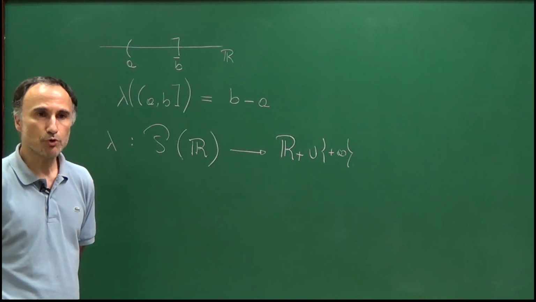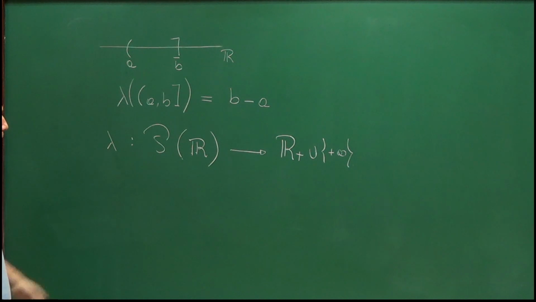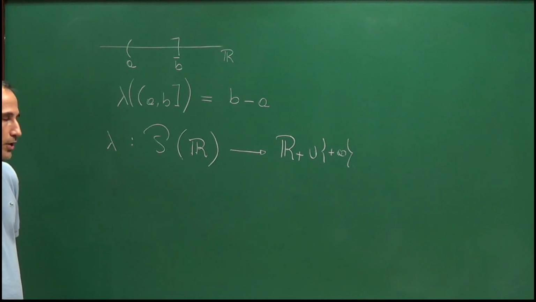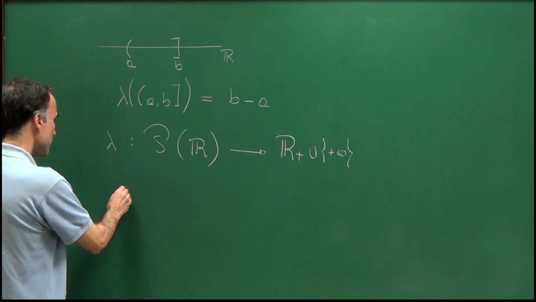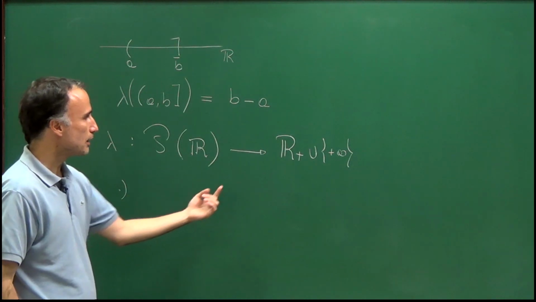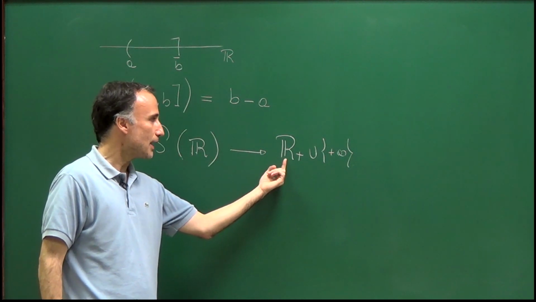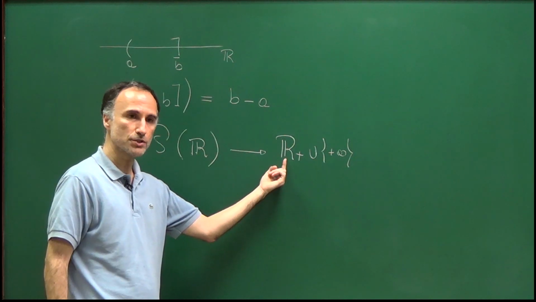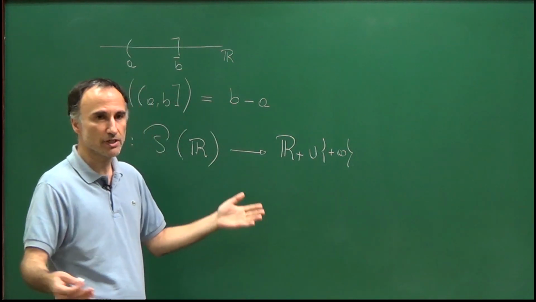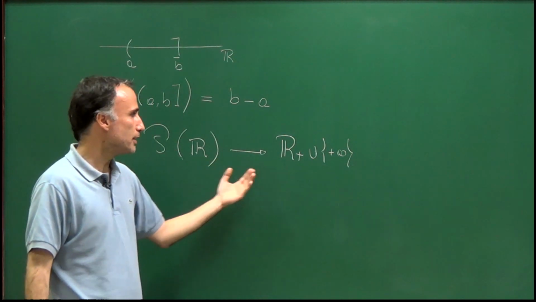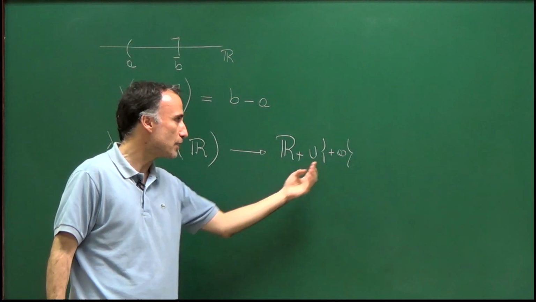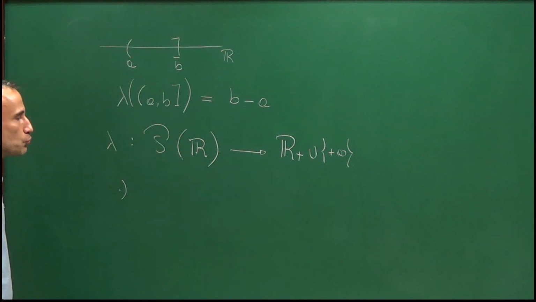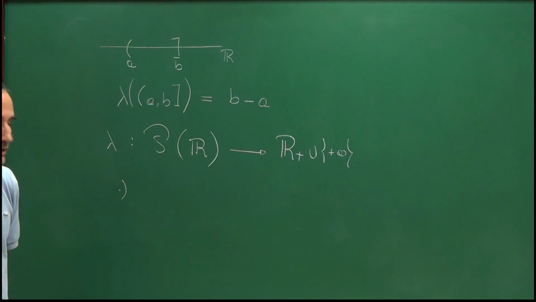And what are the properties we expect lambda to satisfy? Note that I'm defining lambda as taking values in R plus, union plus infinity. If you take an infinite interval, its measure will be plus infinity, so I have to add plus infinity.